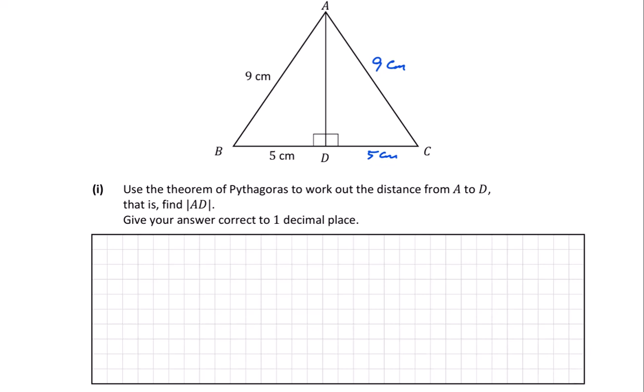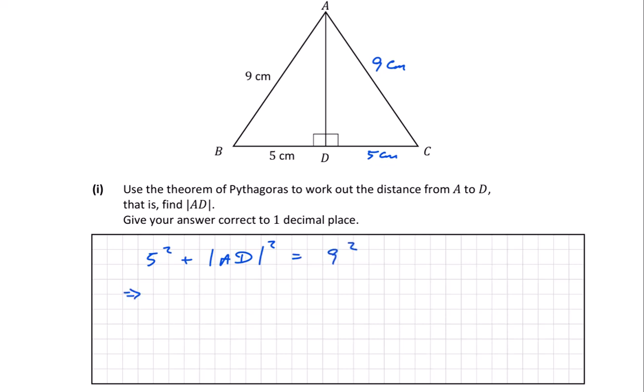So we're looking at this triangle here. We got to work out the distance from A to D. So this is a right angle triangle, so we can say 5 squared plus this squared is equal to 9 squared. So I'll write that out. So we're saying 5 squared plus the distance from A to D squared is equal to 9 squared.